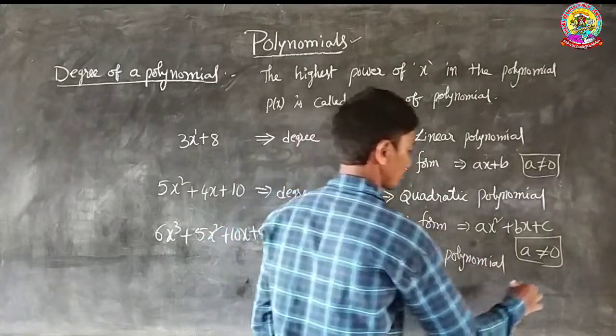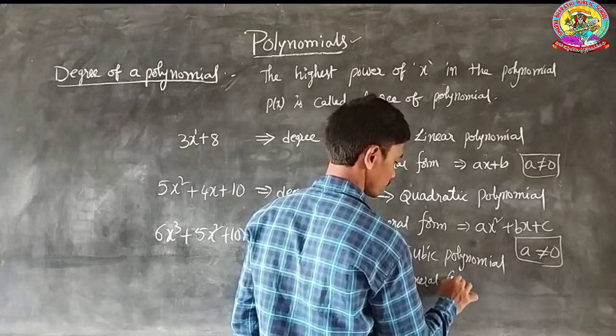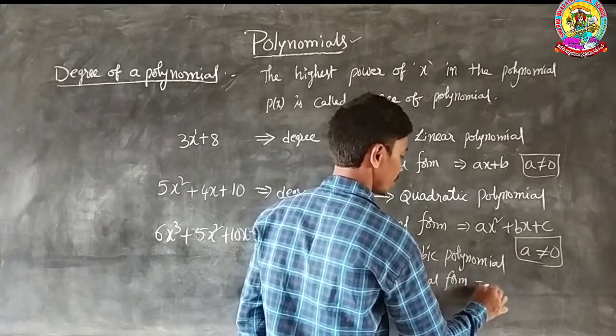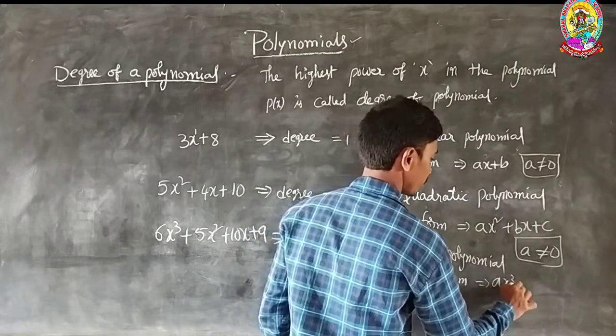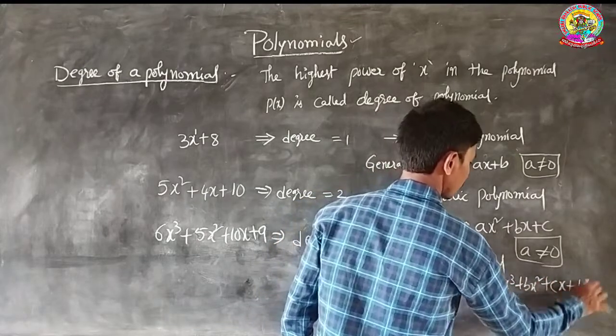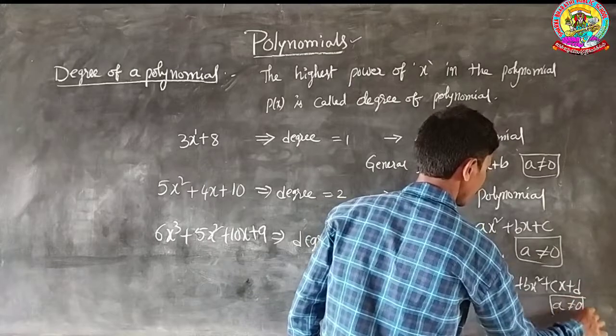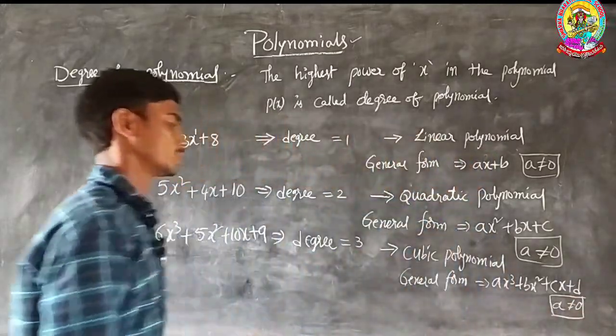General form is ax cube plus bx square plus cx plus d. Here also the same, a should not be equal to 0.